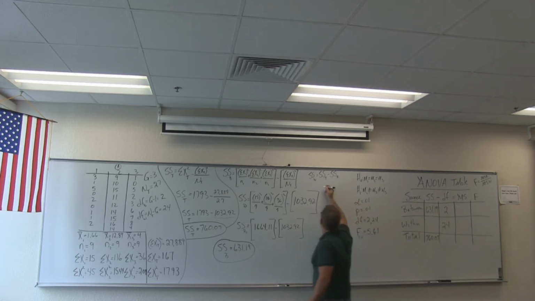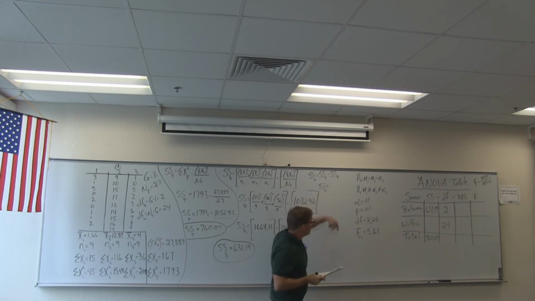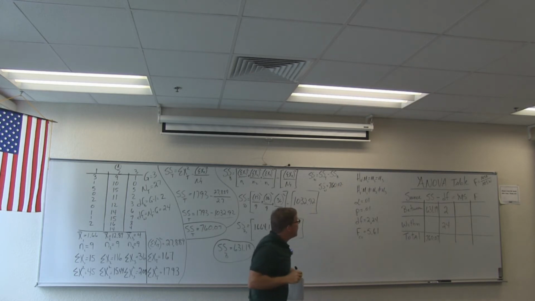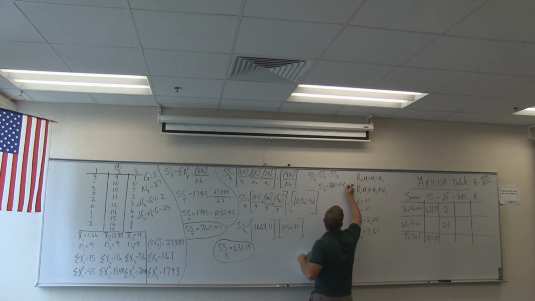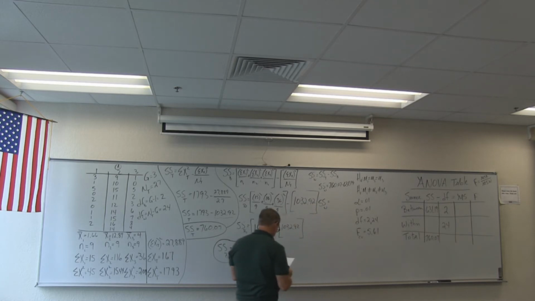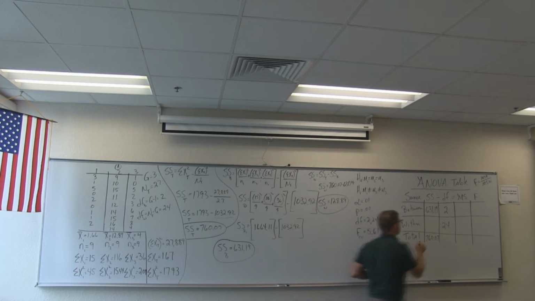We can simply say the sum of squares within groups is the sum of squares total, 760.07, minus our sum of squares between, 631.19. Sum of squares within groups, 128.89, or something pretty close. And we put that where it belongs.